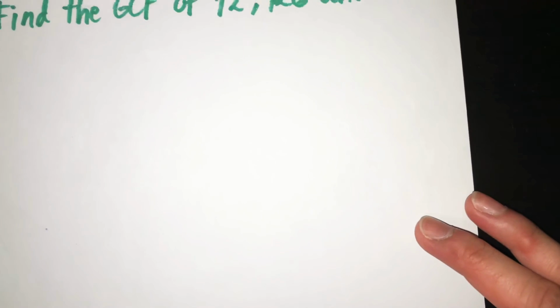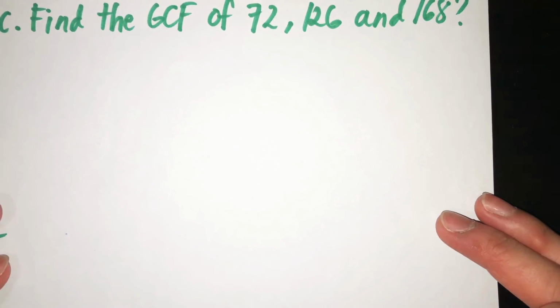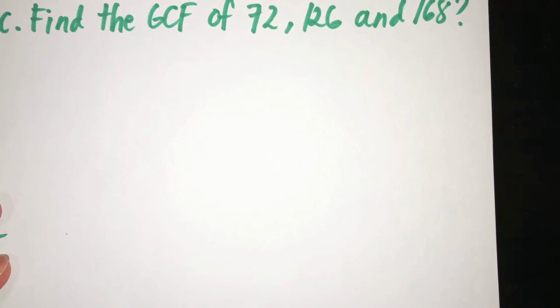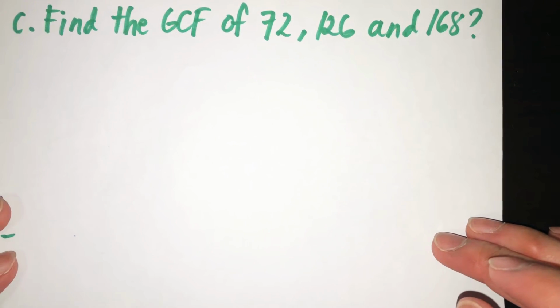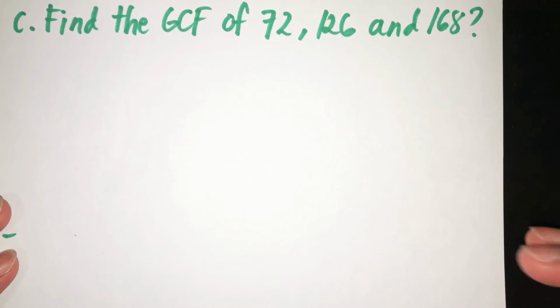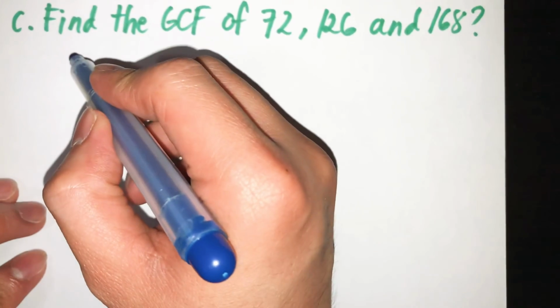Now, let's go to our last question. Okay? Now, find the GCF of 72, 126, and 168. Okay? Now, here, since you're having 3 numbers and 3 large numbers, it's better to use the prime factorization method. Okay, so let's start first with 72.